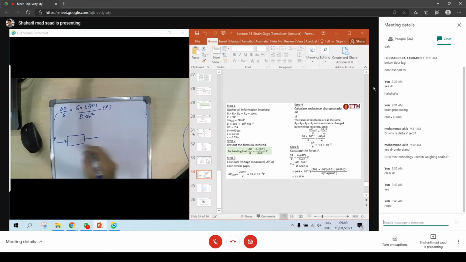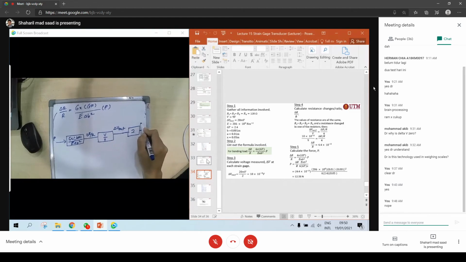From P, with this formula GF, you can get delta R over R, and then from this one you can get V over 4, which is delta V half, and then this one you apply with 2, you can get delta V full.